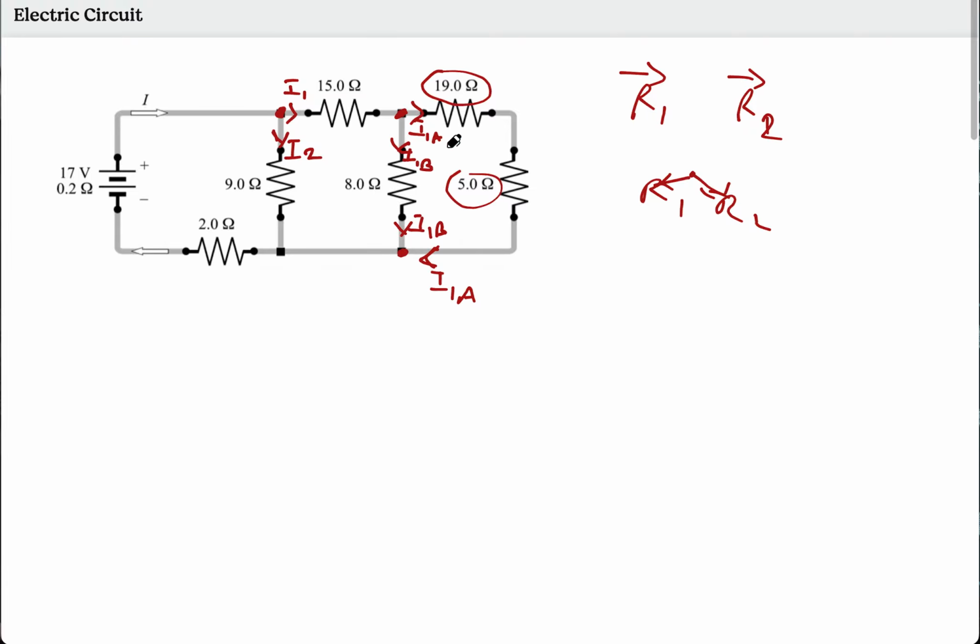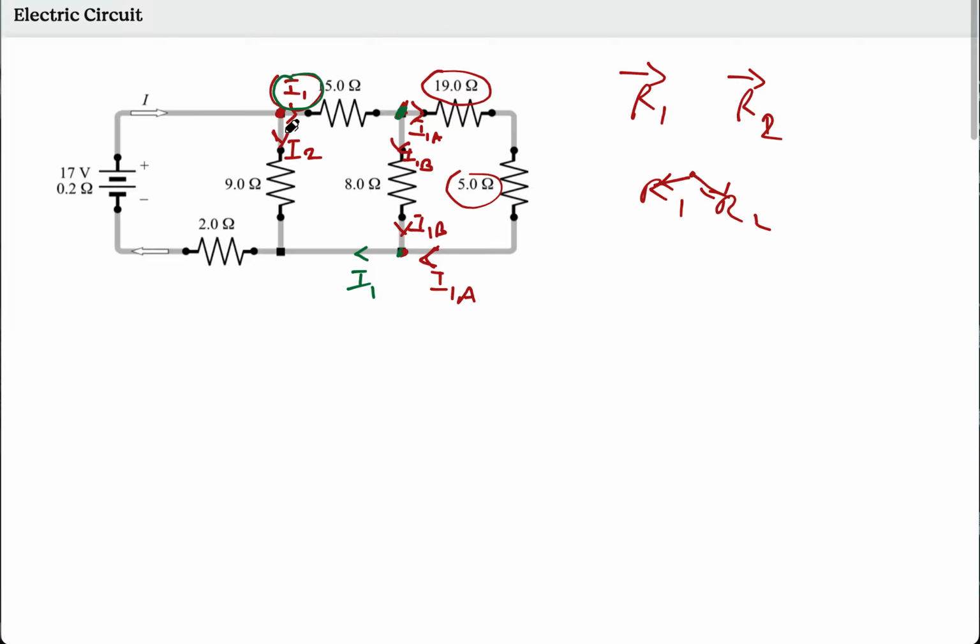And don't forget their origin. What split into these two was the I1 that made it to this junction in the first place. That was what split to give I1A and I1B. Then when both of them regroup at this junction, they will become I1 again. So we have our I1 again.